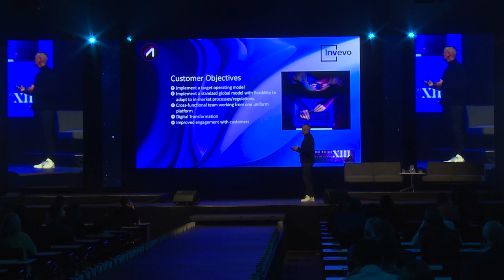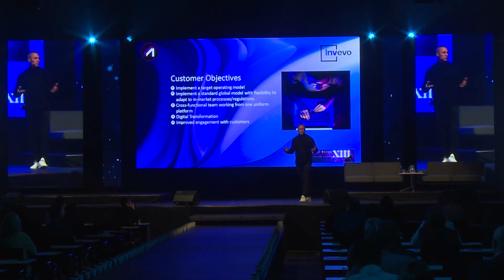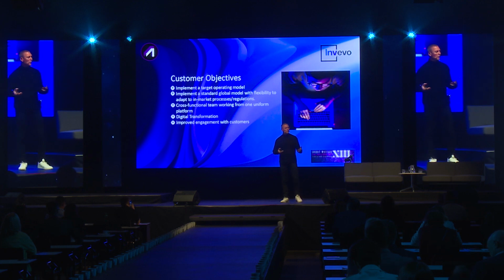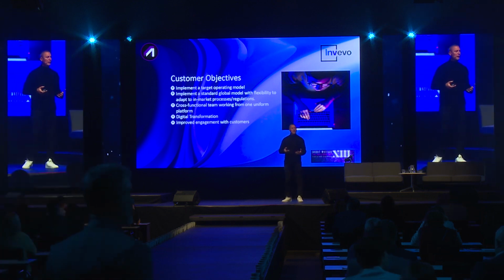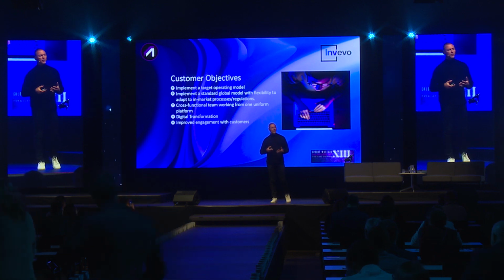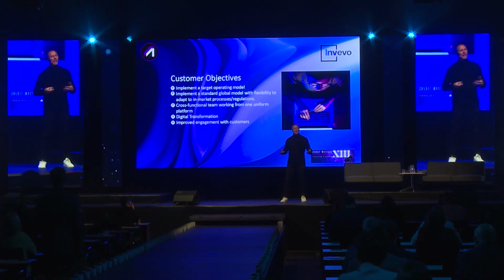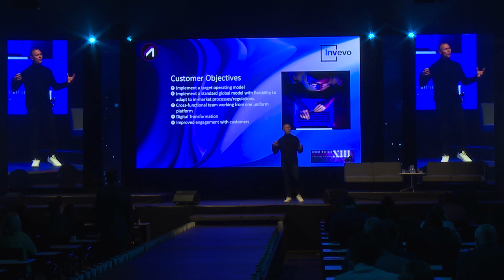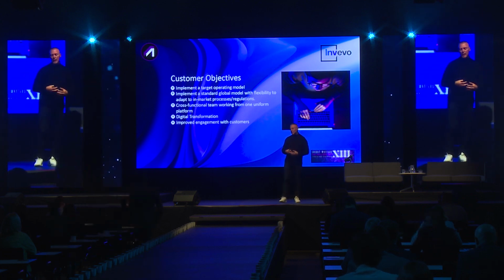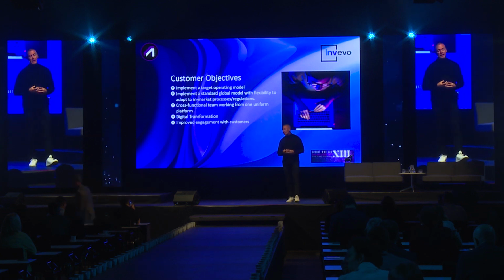So implement a target operating model. Now, that seems relatively straightforward and simple, but when you've got 70 different ERP systems and disparate financial models in each one of the trading entities that they have, it requires some form of consolidation to create that standardization. But why do we want that standardization?